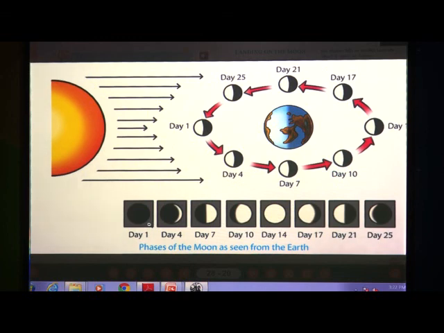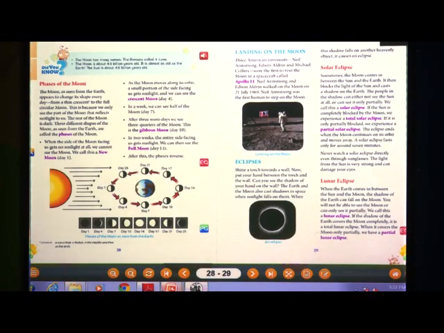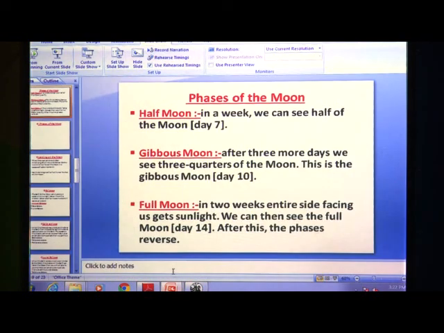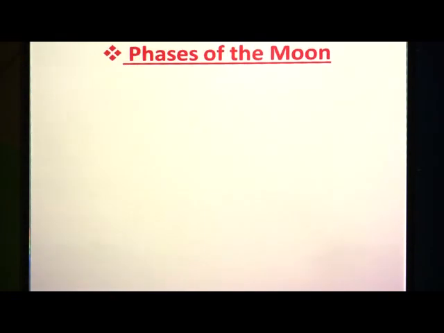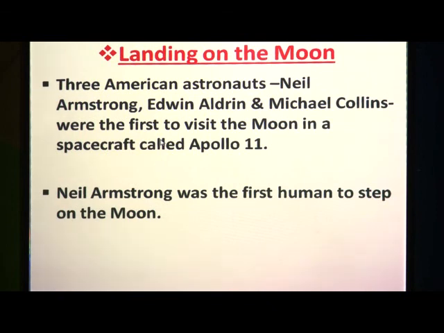Now afterwards we have to see the next point of the lesson, that is the landing on the moon. Landing on the moon means who stepped first on the moon.